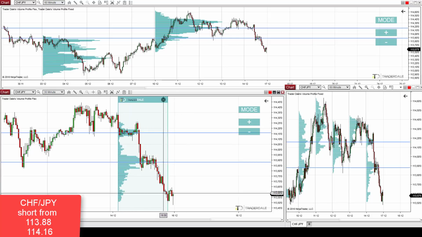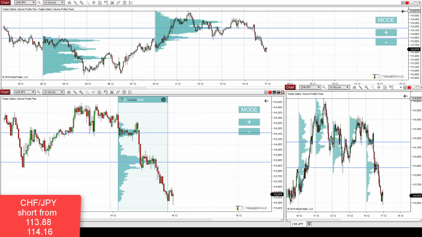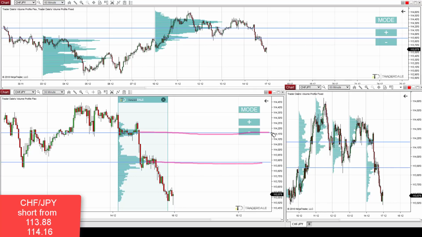So this is the profile for the whole trend area, and as you can see, the most significant volume clusters got created at those two levels. This means that those levels are the strongest resistance zones in this current area, and there are also confirmations of those levels.